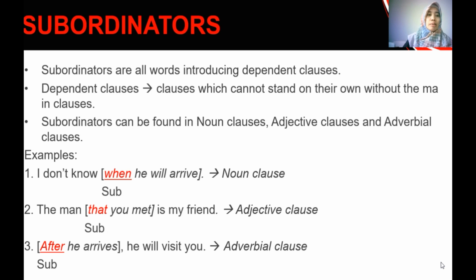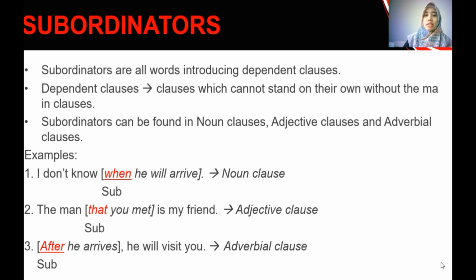The next one, the man that you met is my friend. So the statement in the square brackets, that you met, is an adjective clause because it explains or describes the noun the man. Okay, that here is the subordinator introducing the dependent clause you met. Okay, the last one, after he arrives he will visit you.